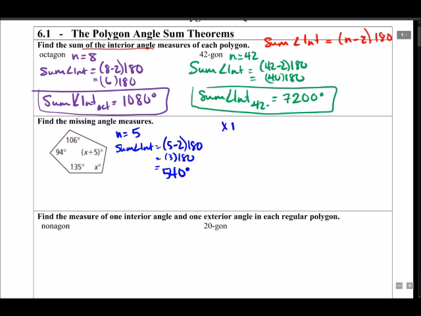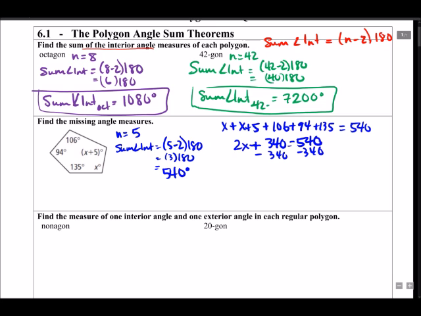And x plus 5 plus 106 plus 94 plus 135 equals 540. So 2x plus 340 equals 540. It's just algebra now.